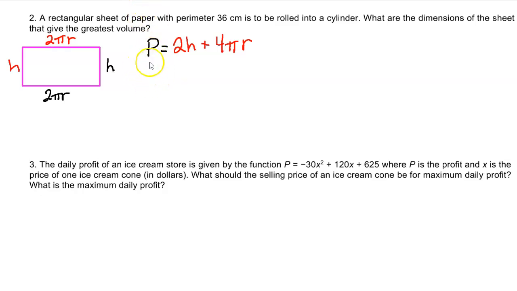So I can replace my perimeter with 36 centimeters. All right, and we know the volume already is pi r squared times h.